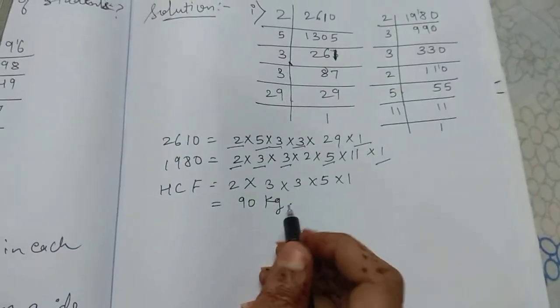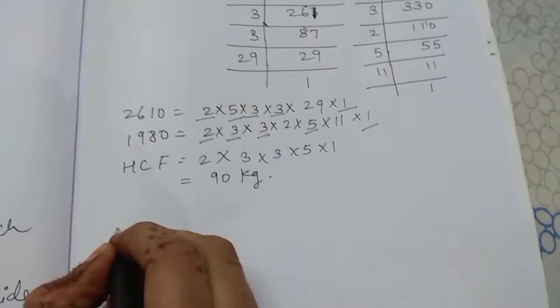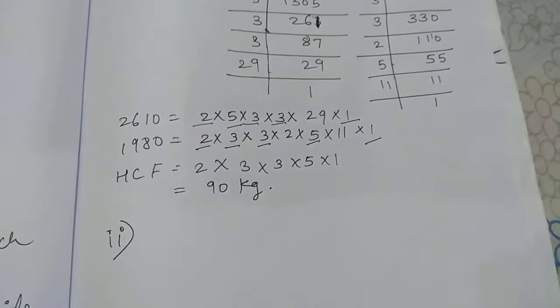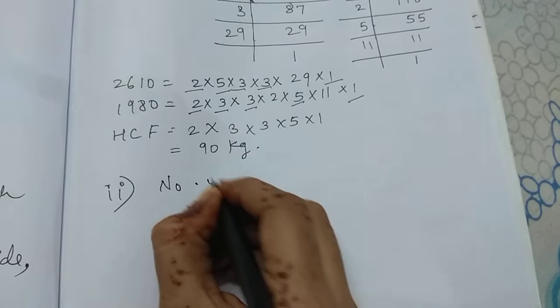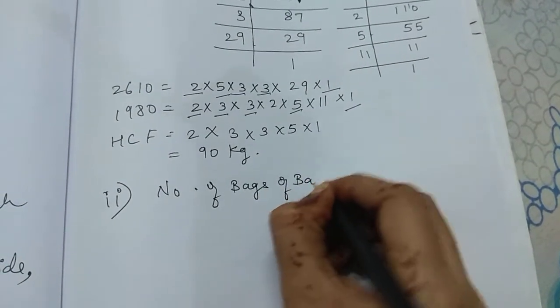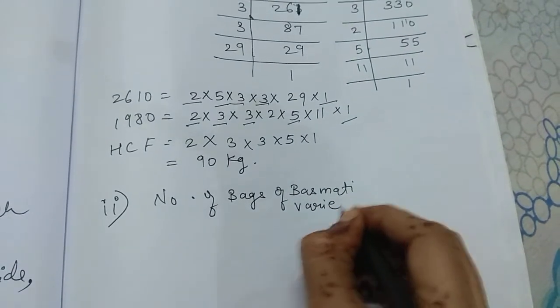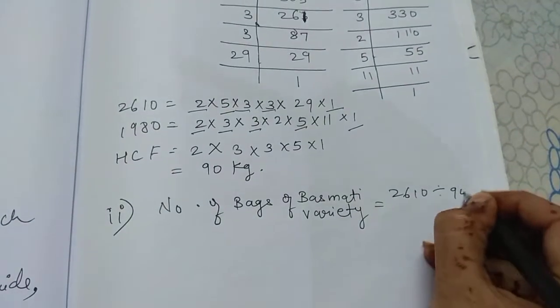What can be the maximum possible weight? 90 kg. So in one bag we have to fill 90 kg of both varieties, like that. Second, how many bags can be filled? So number of bags of basmati variety equals 2610 divided by 90.